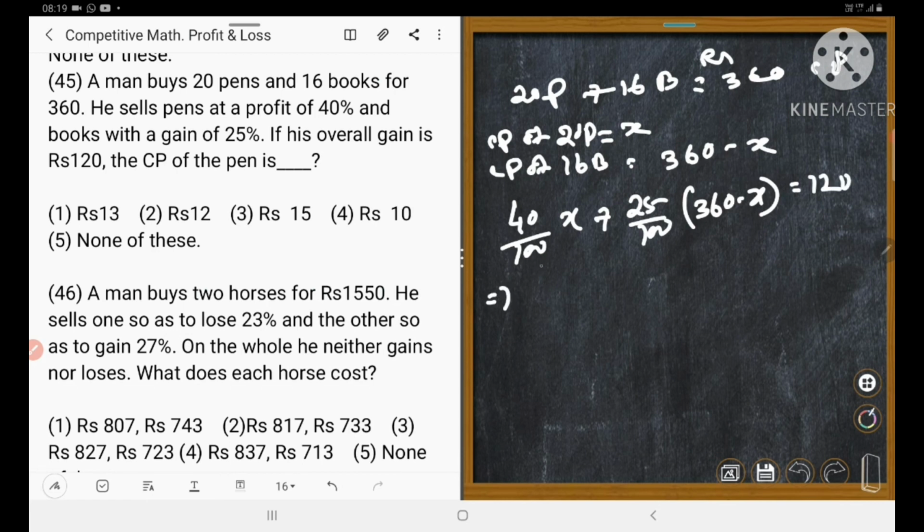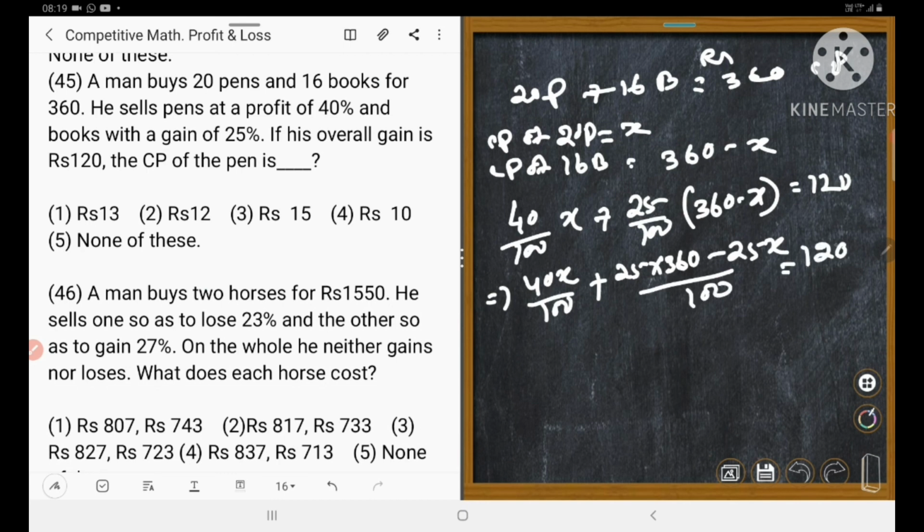Implies that 40X upon 100 plus 25 into 360 minus 25X upon 100 is equal to 120.